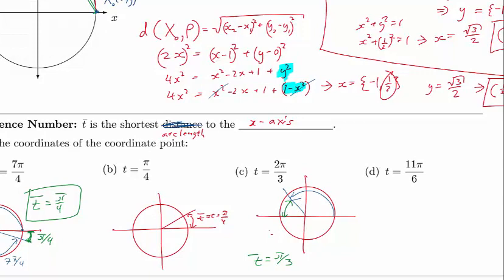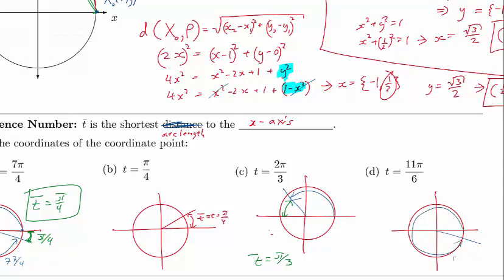Alright, so in this last one, note that we were just 1/6 of a pi short of 2 pi. And again, our reference line is probably about right there.